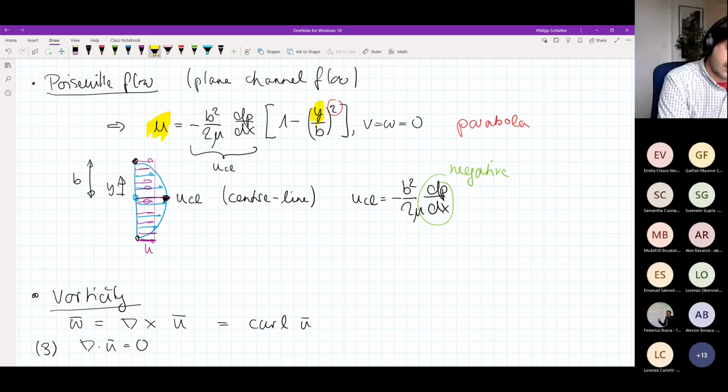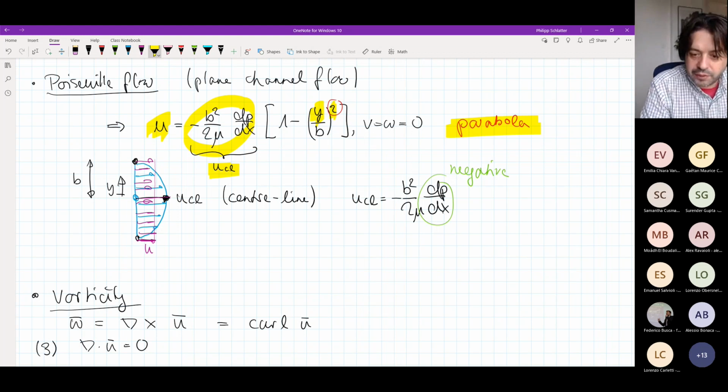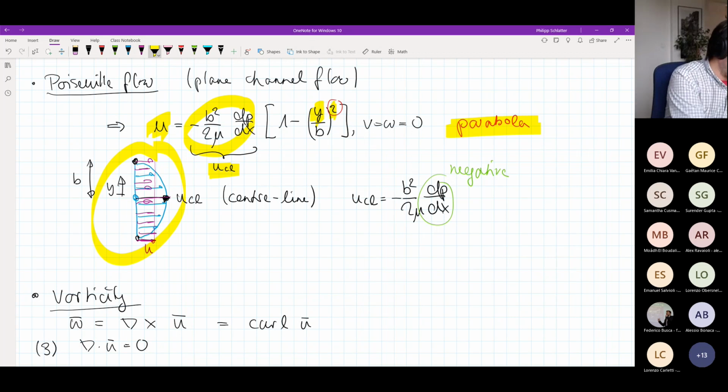And we realized that for both channel flow and pipe flow, actually for pipe flow, we didn't really do the derivation, this will come later, but we realized that the shape is essentially a parabola, meaning that there is a square somewhere in the formula. And if you now call this term in the beginning u centerline, so the centerline velocity, the maximum velocity in the middle, it's actually a very simple formula that you get. It's just u centerline times 1 minus (y divided by b) squared. So you get a shape something like this.